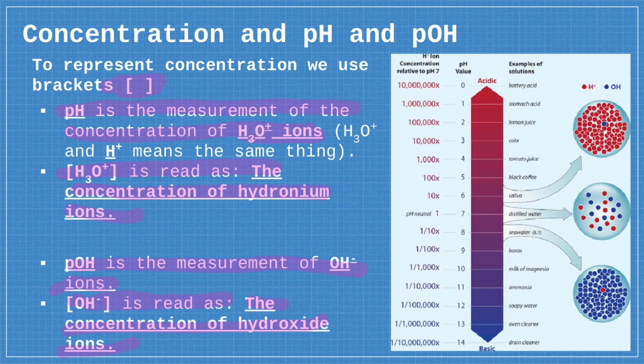If we look at these pictures here, when something is acidic, it has way more H pluses than it does OH minuses. When it's a neutral pH, they have equal amounts. And when it is basic, it has way more hydroxide ions than H plus ions.